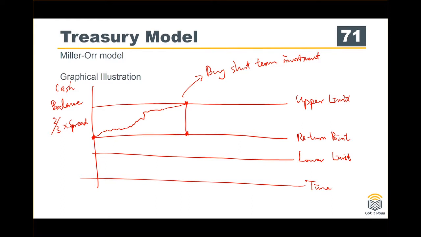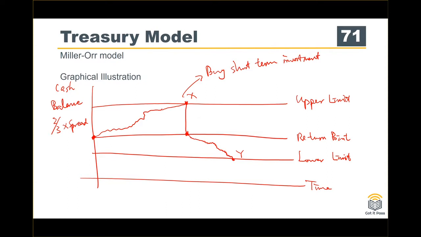So when you buy the short-term investment, the cash balance keeps dropping, and drops until this point, say point Y. At point Y, you need to sell your short-term investments immediately because it is at your cash buffer level.